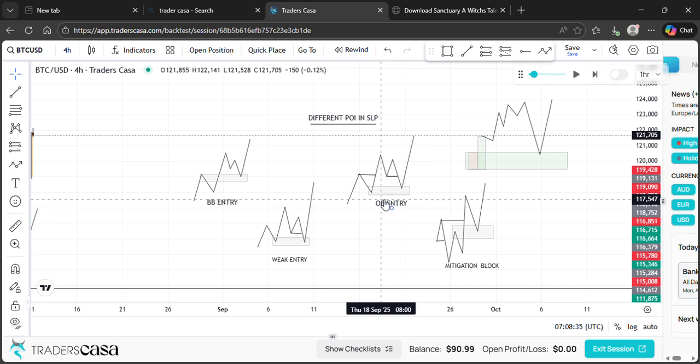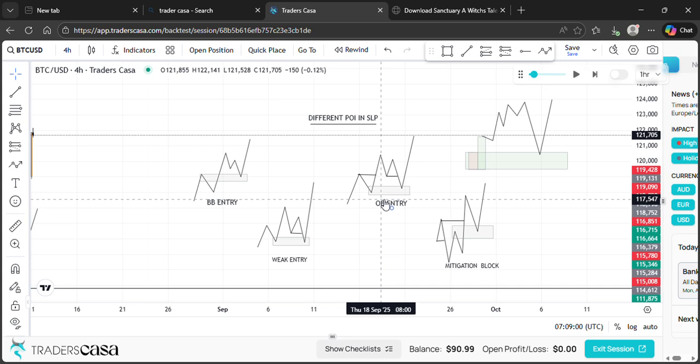Now, get it clear: that impulsive move has to come from the opposite candle. If it's a bearish candle that is forming, a bullish candle has to take the place of the impulsive move. If the bullish candle is the last candle before the impulsive move, a bearish candle has to be in place of the impulsive move.